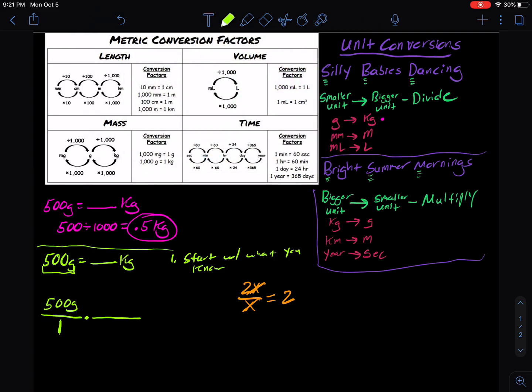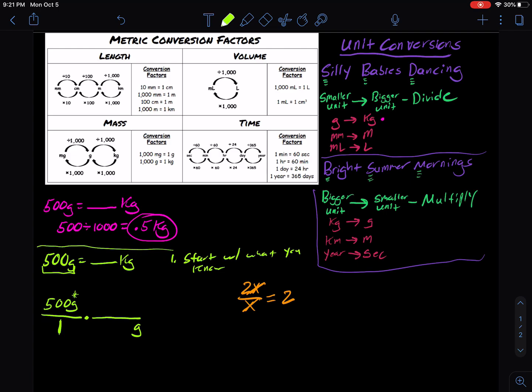So we see that there is a grams here in the numerator. And remember, the top of the fraction is the numerator, the bottom is the denominator. To cancel a unit, you've got to have the same thing in the numerator and the denominator. So what we're going to do is automatically put a grams here to cancel.